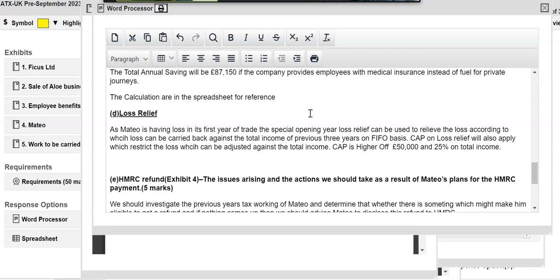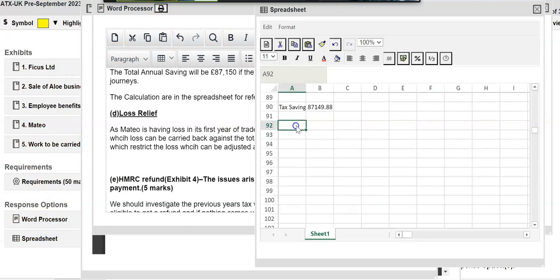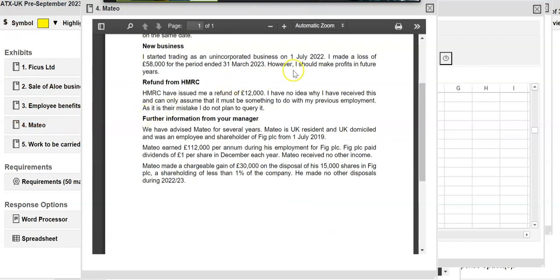Okay, so let's now make the spreadsheet. This is part B, loss relief. So what was the first year? The first tax year is 22-23, right?